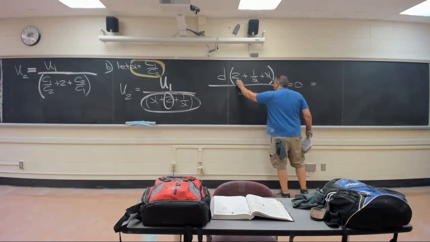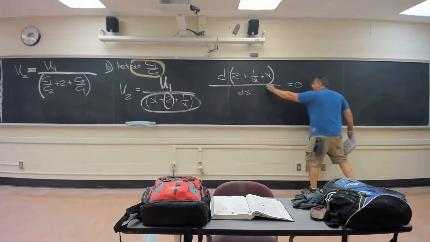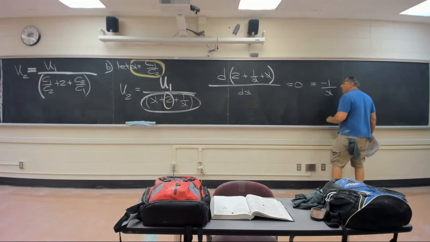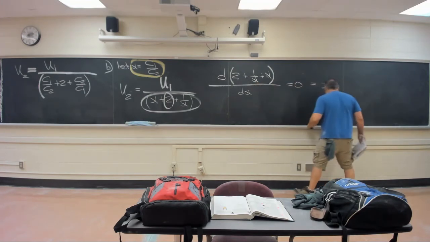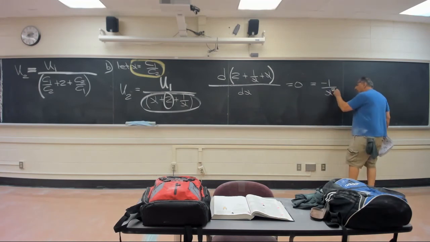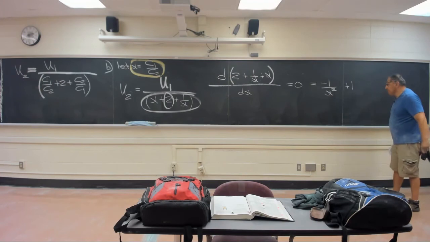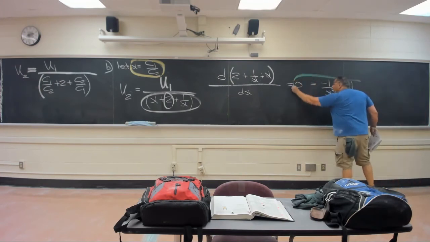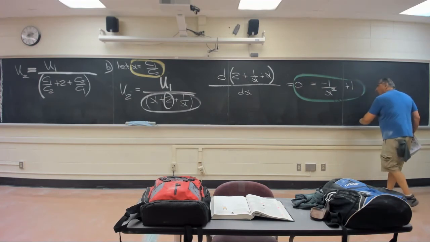Well, the derivative of 2 with respect to x is 0. The derivative of x to the negative 1 is negative 1 times x to the negative 2, which is this. And the derivative of x is 1. That equals 0.